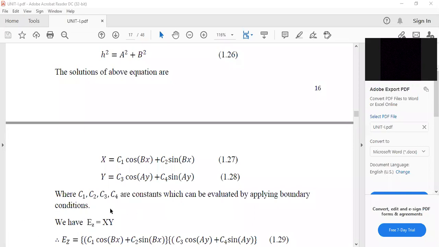So we can write the solution for these equations, where c1, c2, c3, c4 are constants, which can be evaluated by applying boundary conditions.